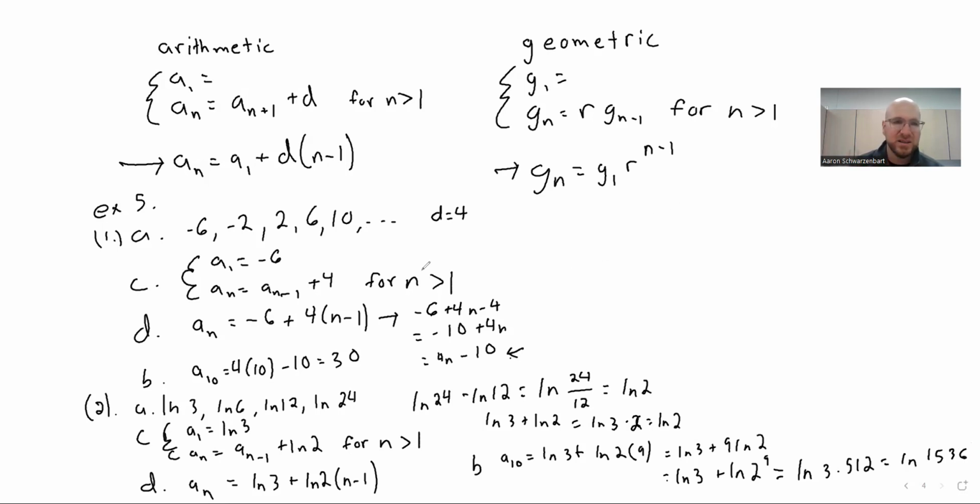Okay, so that is example 5. Those are arithmetic. Now we'll do some geometric, which is going to be example 6. And it asks me for the same things. So my first sequence, no, not that.